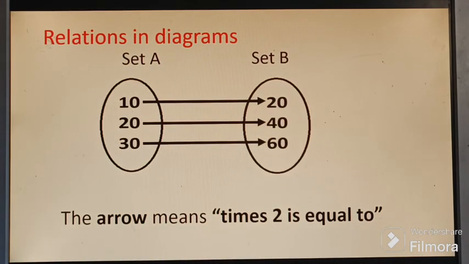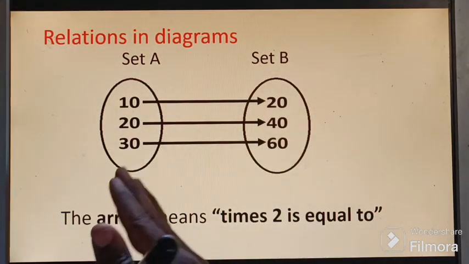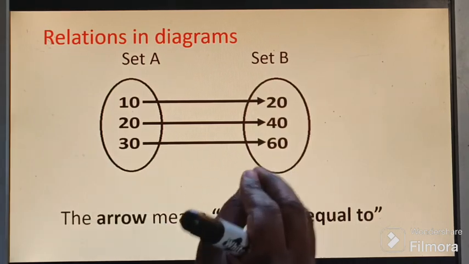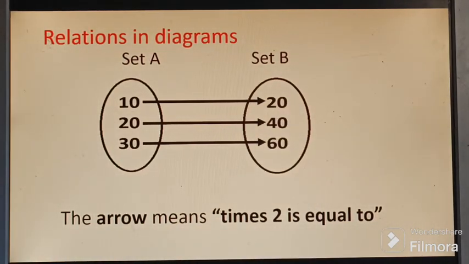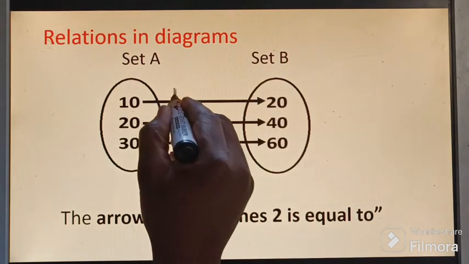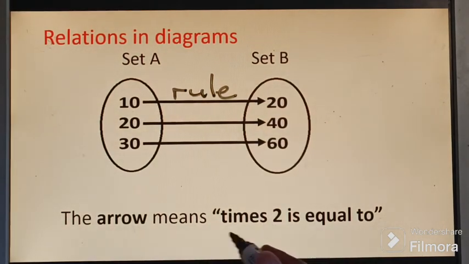Remember, our definition is that it is a rule that defines a connection between two sets, or one set to another. So, what is the rule connecting set A and set B? We're saying this arrow is the one representing the rule. So the arrow is the rule there. So what does this arrow mean?